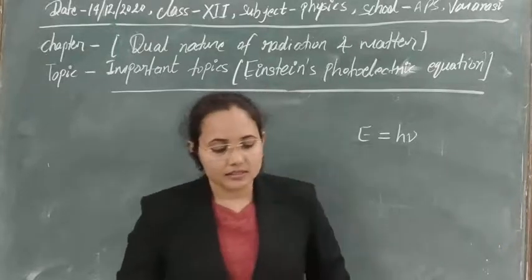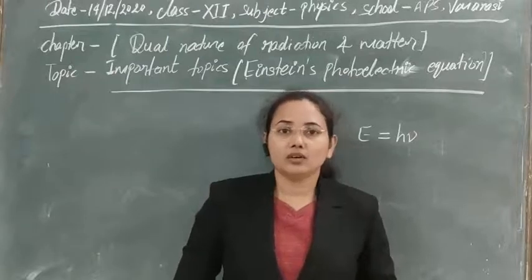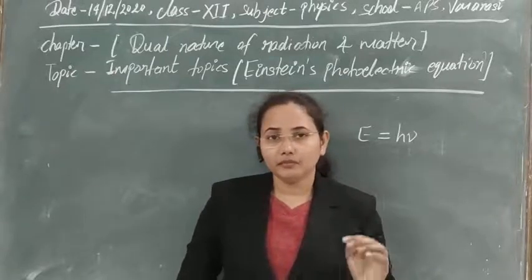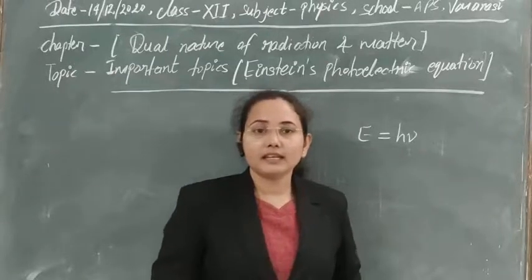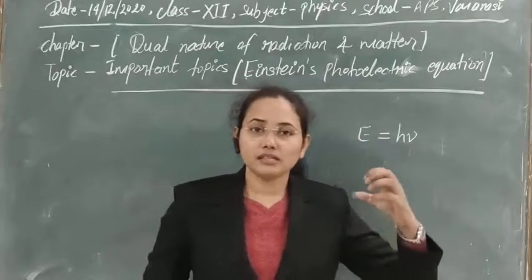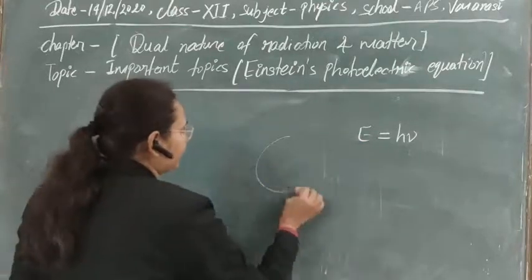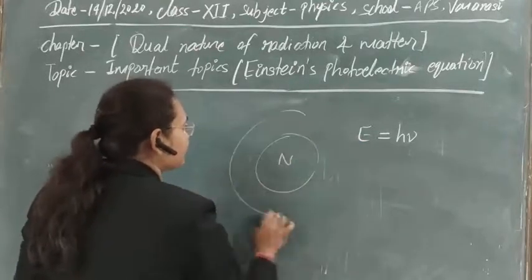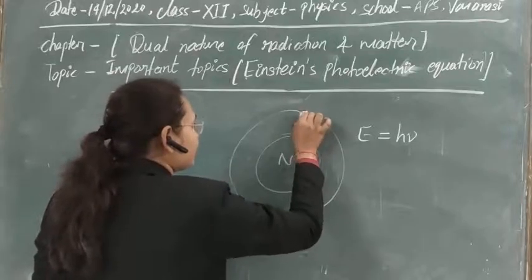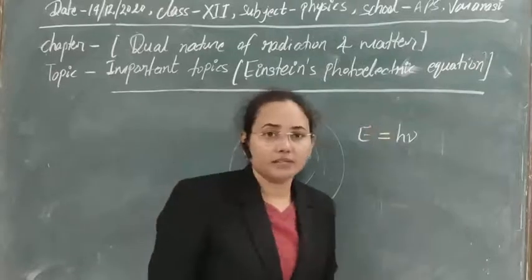So he told us that when light is incident on the metal, the electron which gets this energy uses this energy in two ways. Suppose that in any metal the electron is revolving, and you have to remove this electron from this metal.